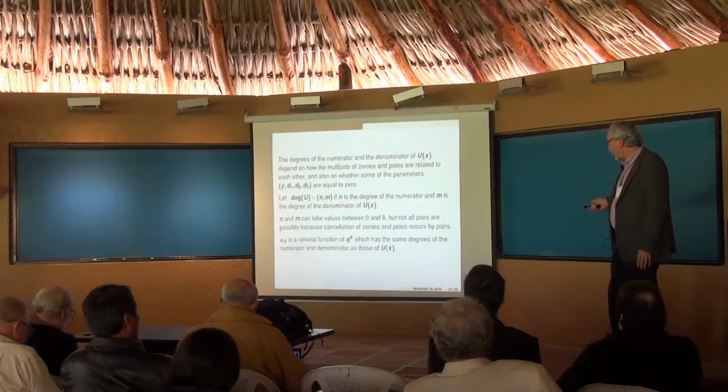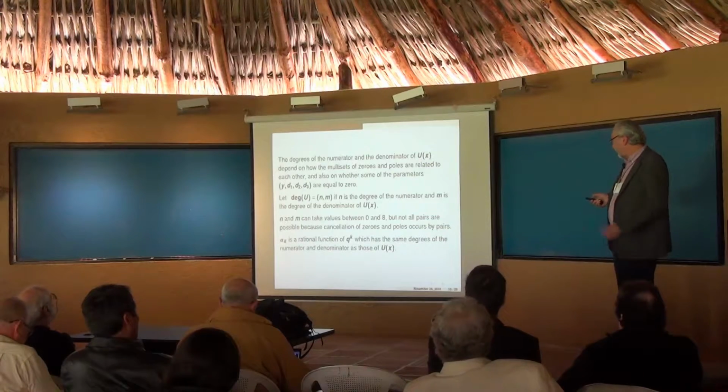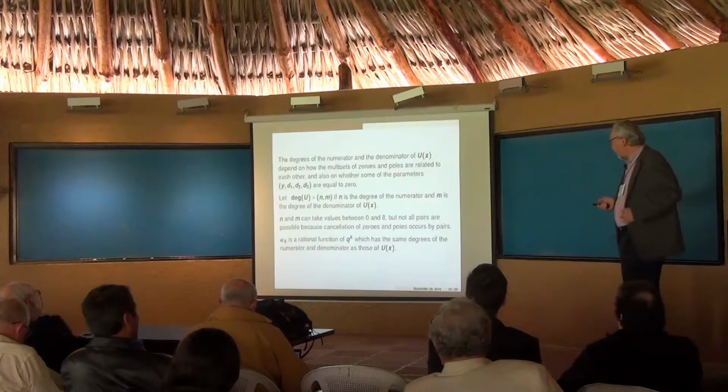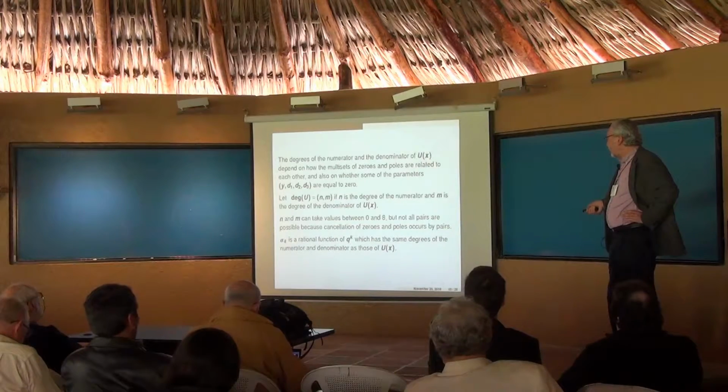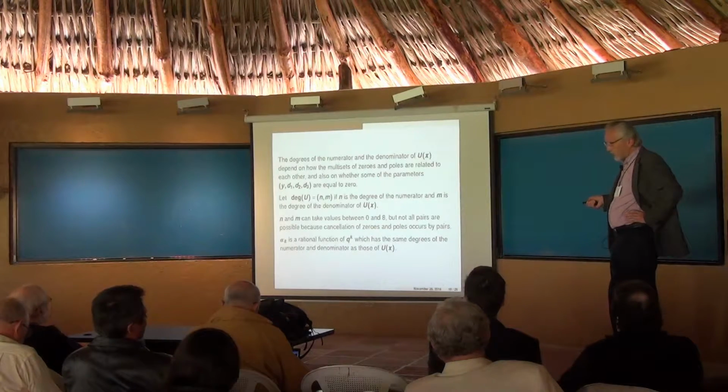And as I said, not every pair of values is possible because the cancellation happens by pairs, cancellation of zeros and poles. So we can use the pair of degrees as a way to classify the polynomial sequences that correspond to a given set of parameters.